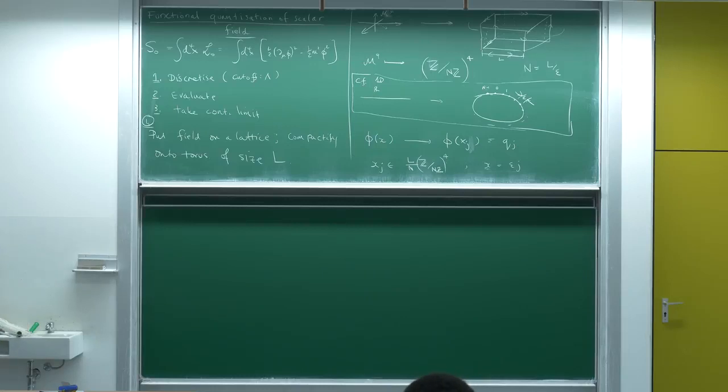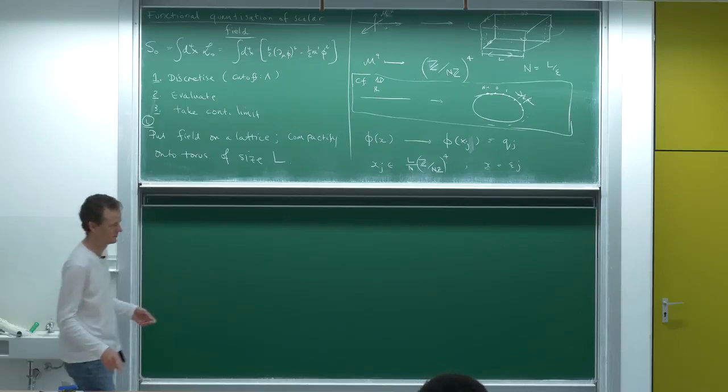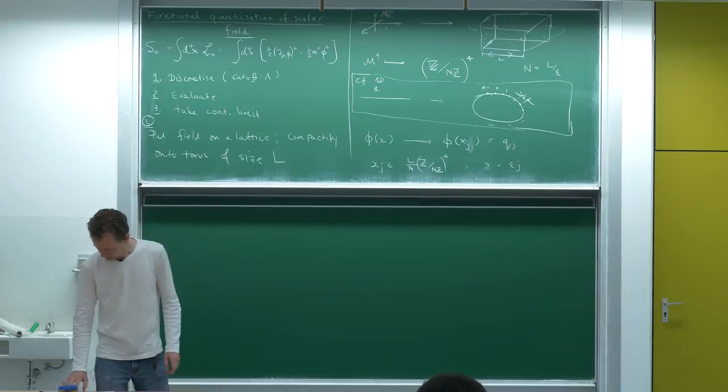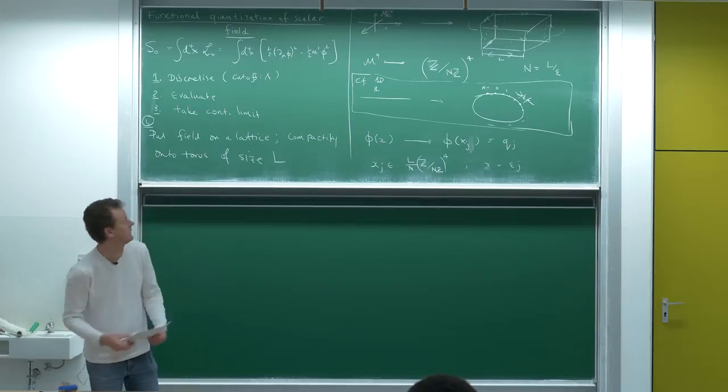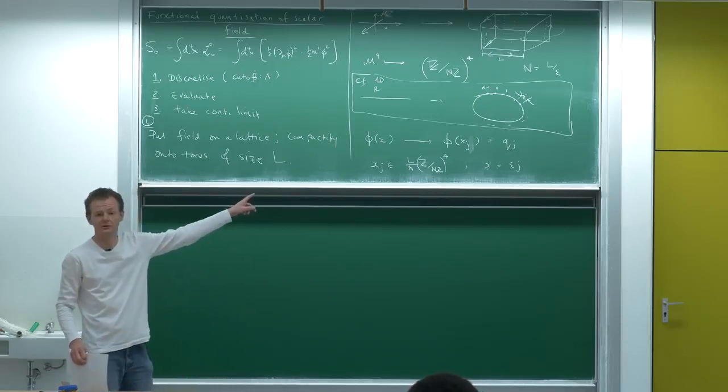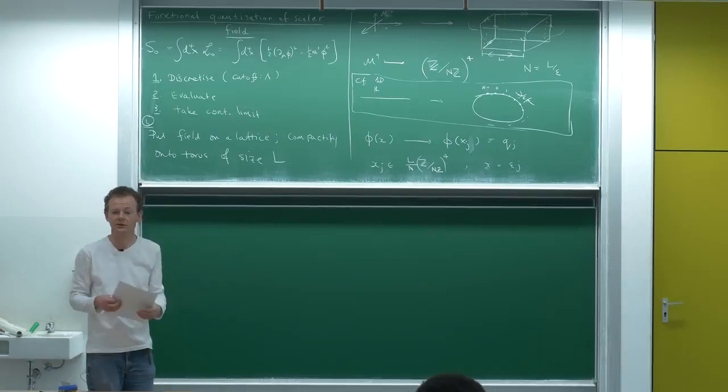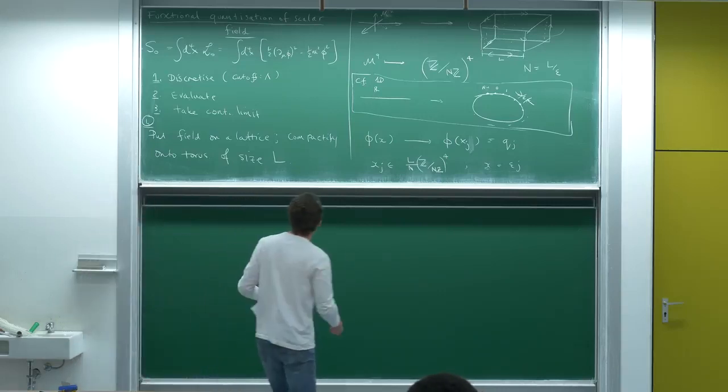Even when you have a box of side 100, that's really a lot of points. If you work it out, it's 100 times 100 times 100 times 100. And you can't do many of the calculations analytically. You're reduced to Monte Carlo sampling to estimate quantities.